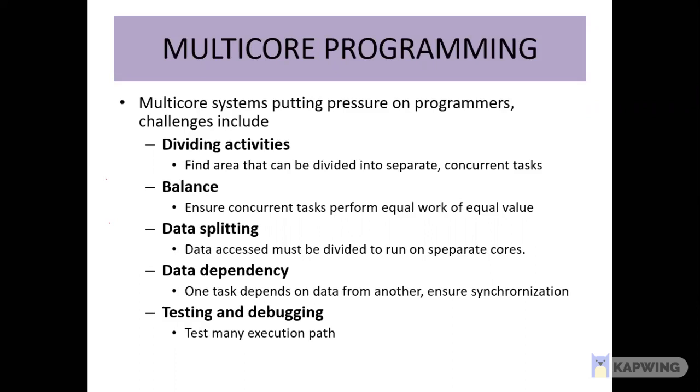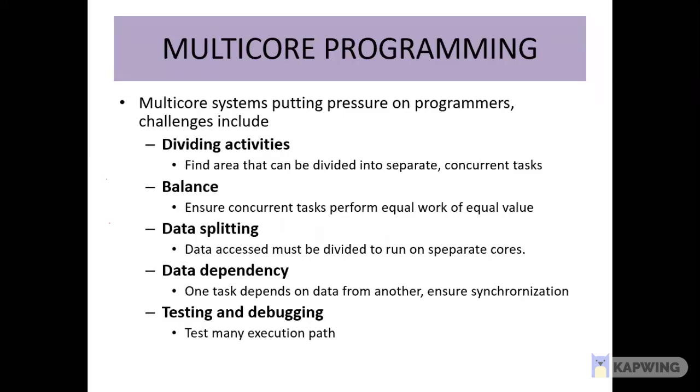Then data splitting: data access must be divided to run on separate cores. Whichever data they are accessing should be properly divided across separate cores. Data dependency: if one task depends on data from another, this requires synchronization. So there must be proper communication. Suppose one task requires the output of a second task.